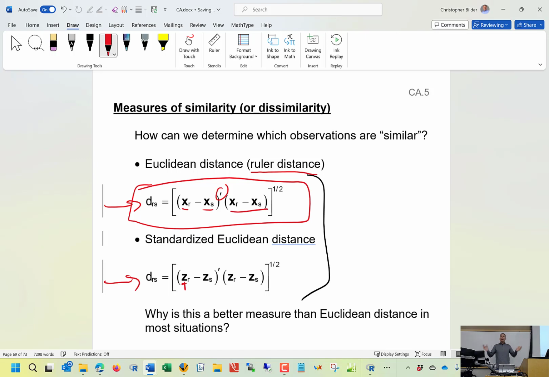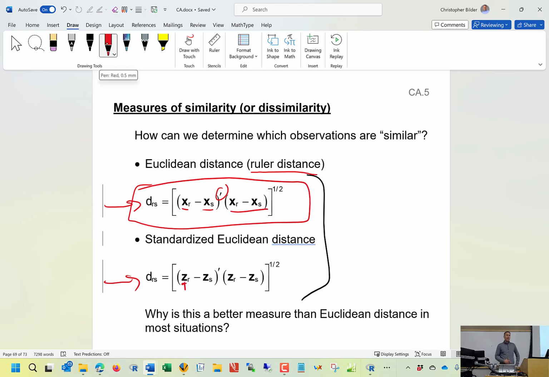In almost every application, people will be using the standardized data. The reason is that you don't want variables that are measured on a different numerical scale than other variables to have an actual effect on what you say is similar or not. There are some special cases where you still want to use just plain old Euclidean distance, but generally speaking, most people will use standardized Euclidean distance to take out the fact that some variables are measured on different scales.